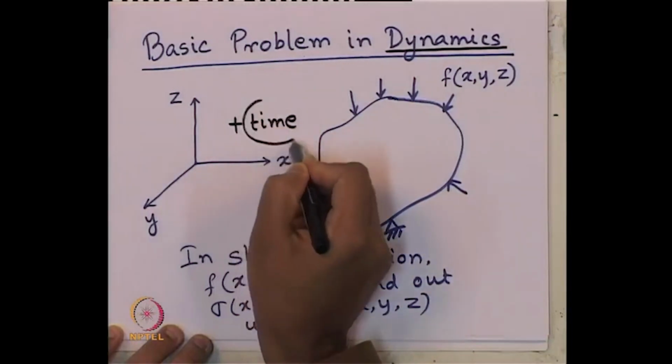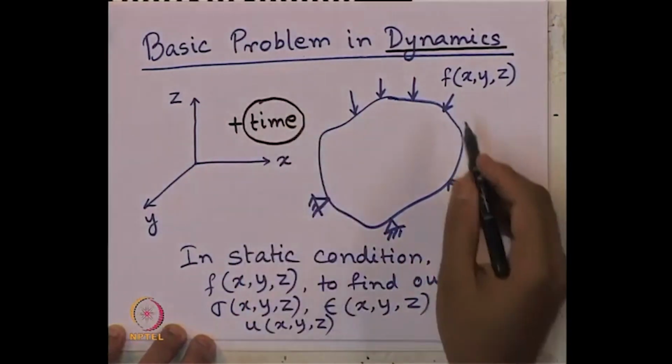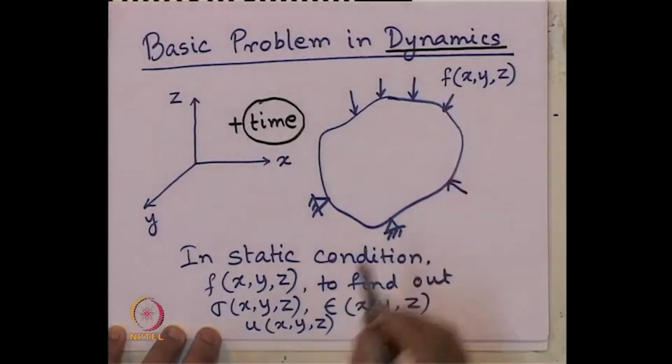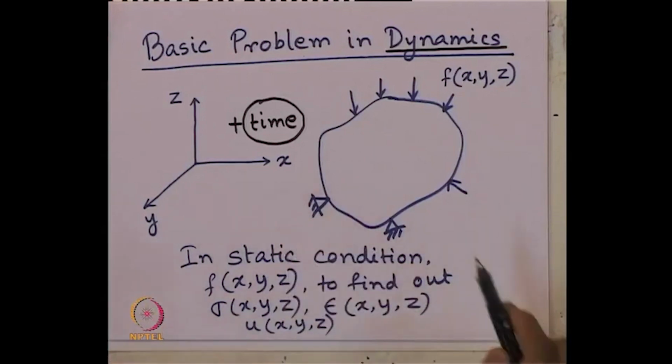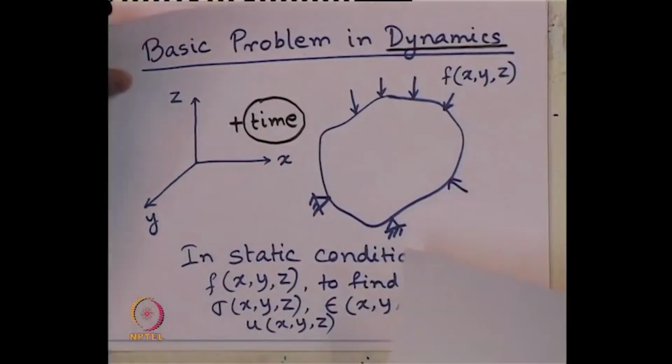So, if all these applied loads and the corresponding results like stresses, strains, displacements are functions of time, then we say that we are dealing with a problem in dynamics.